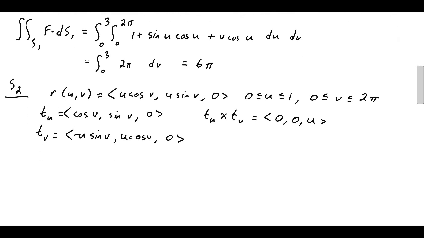Now we'll find f dotted with (t_u cross t_v).